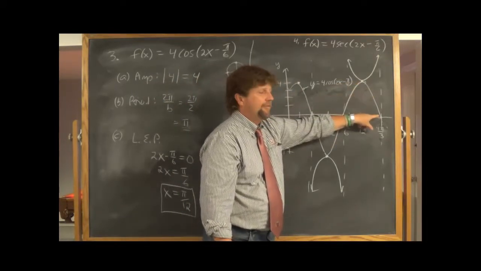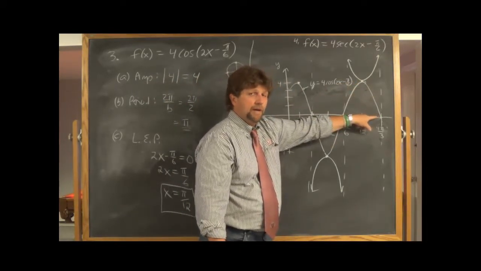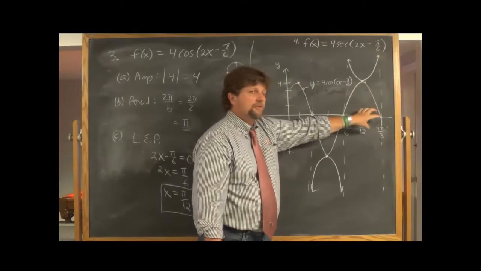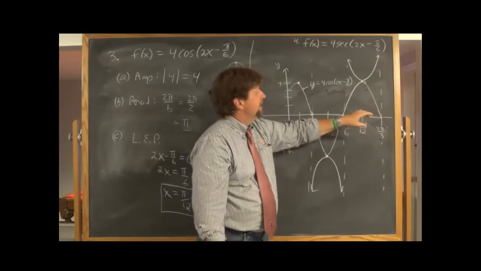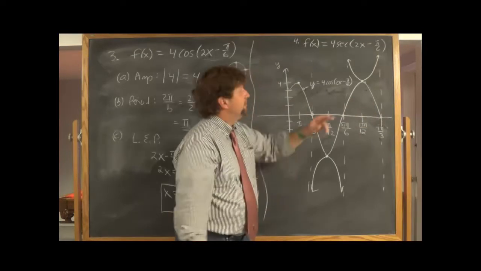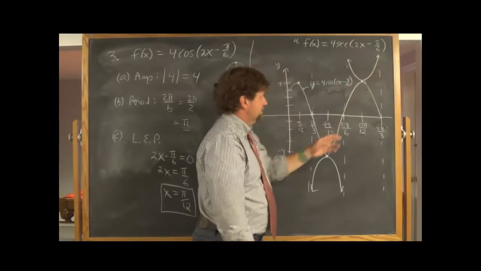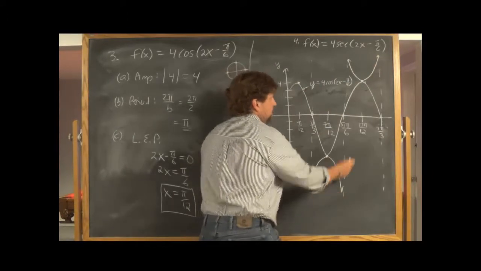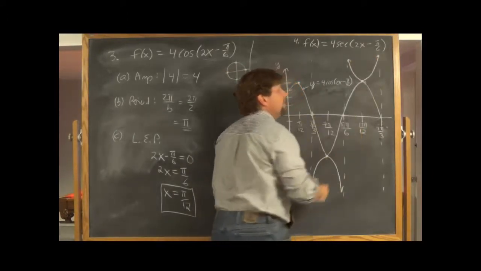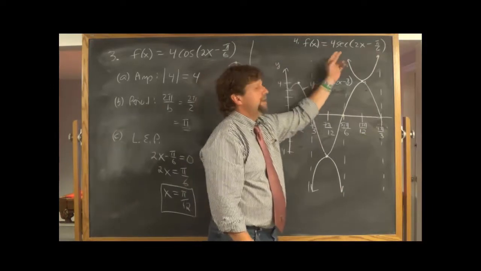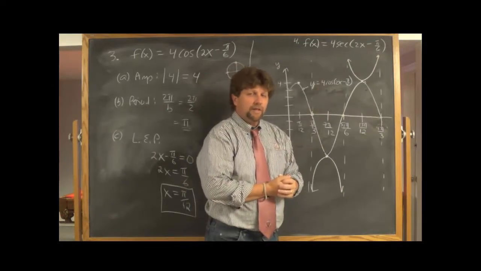That's the graph of 4 cosine 2x minus pi over 6. We used that graph as a guide to get the graph here in number 4 of 4 secant 2x minus pi over 6. This and this, that's the graph of 4 secant 2x minus pi over 6.